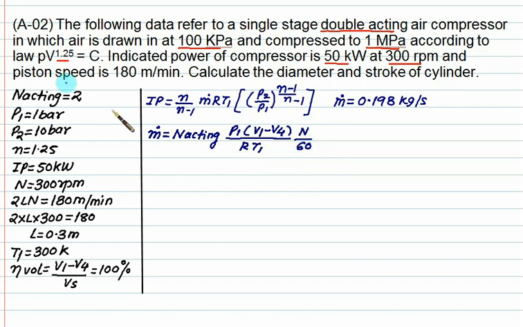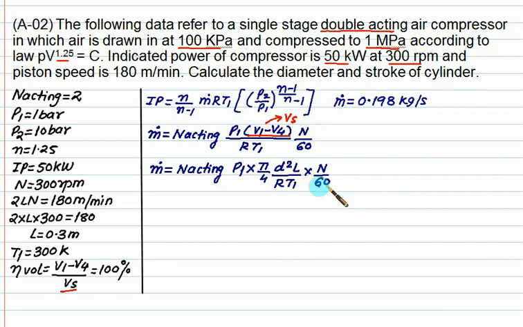Since we are assuming volumetric efficiency equals 100%, V1 minus V4 we can replace with Vs. So we have an equation: m dot equals n acting multiplied by P1 multiplied by V1 minus V4, which is replaced by Vs, as pi by 4 d square multiplied by L divided by RT1 and multiplied by n by 60. All data is known to us.